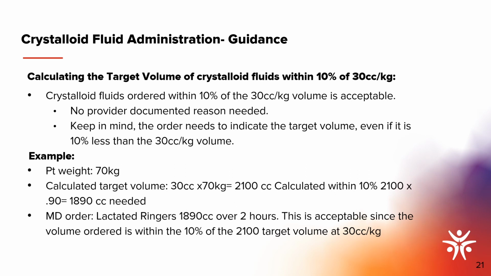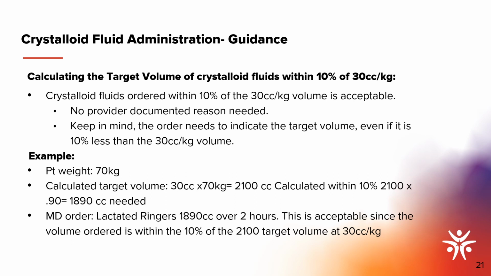An example would be the patient weight of 70 kilograms. The calculated target volume would be 30 cc's times 70 kilograms, 2,100 cc's. Then in order to calculate within the 10% of this full target volume, you would take the 2,100 cc's, multiply it by 0.9, and that will give you the 1,890 cc's that would fall within that 10%.